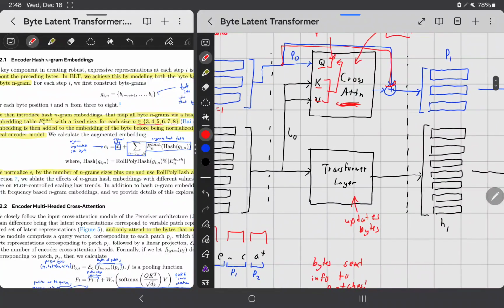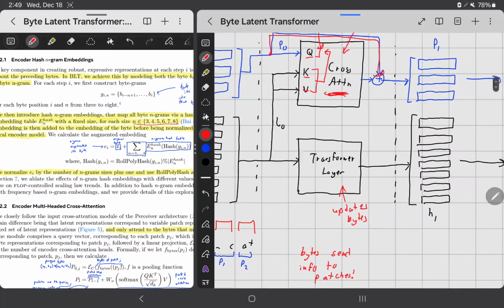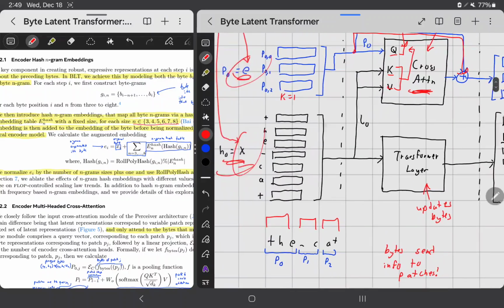Now in parallel, you have a transformer layer which operates directly on the bytes. Because if you just have these bytes, they're literally just the bytes themselves. So every transformer layer you add, you basically have a new representation of these bytes, which are now representations of interactions. And note that this has to be causal.